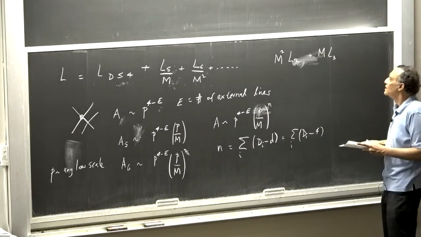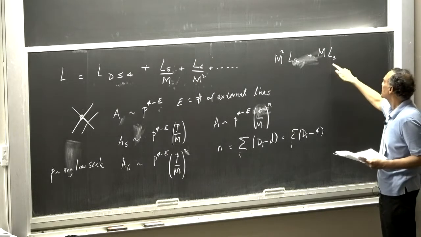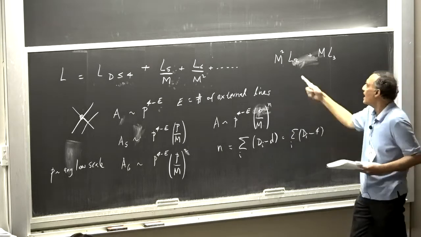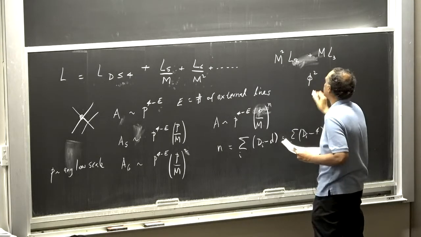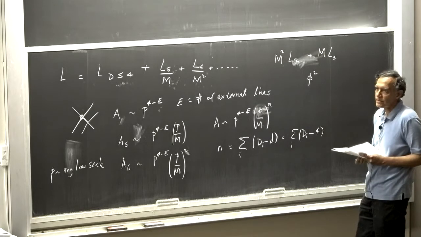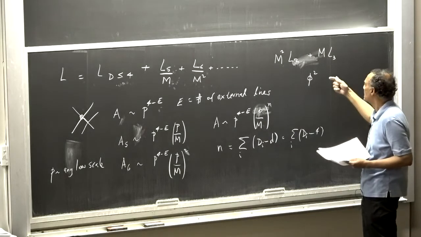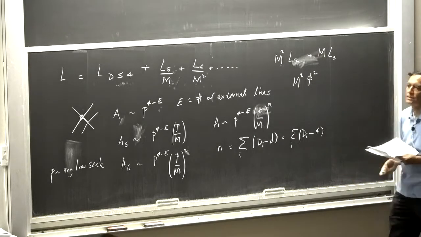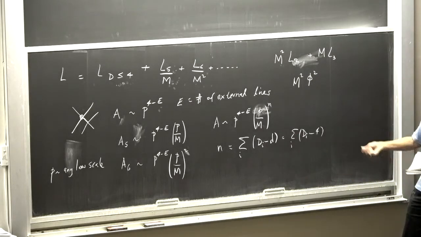OK. So this is a very interesting point, because let's look at this one, for example. So now you have the operator here is the scalar operator. Now, suppose I put M squared there. OK, what does that tell you about the scalar? It's heavy.